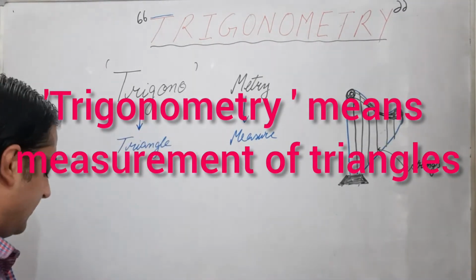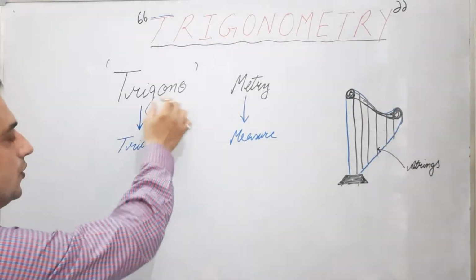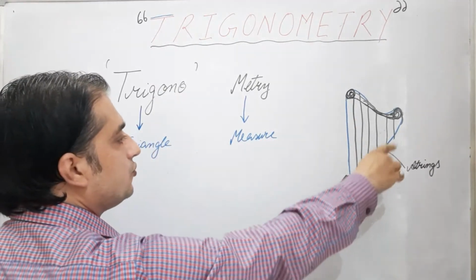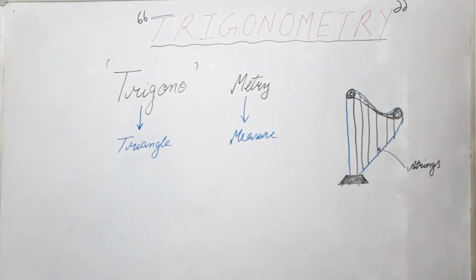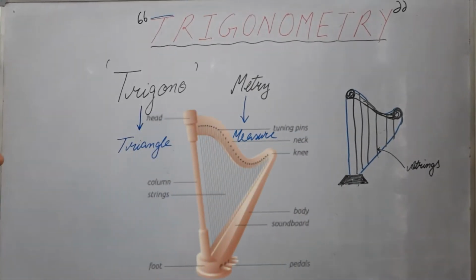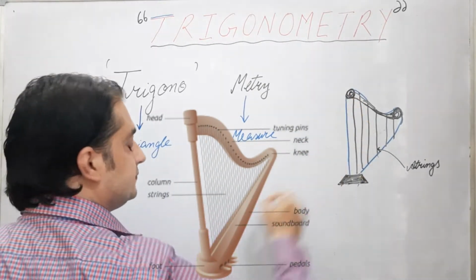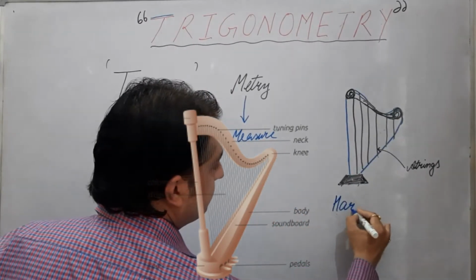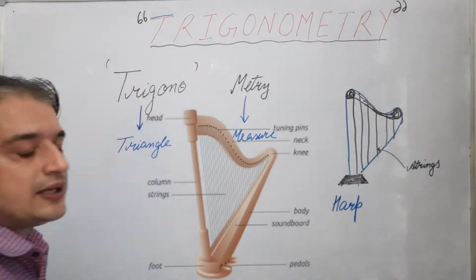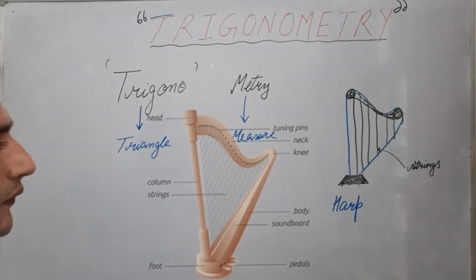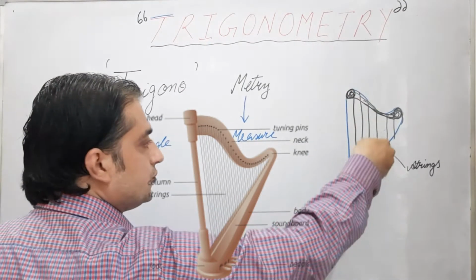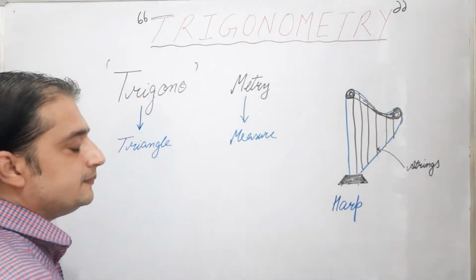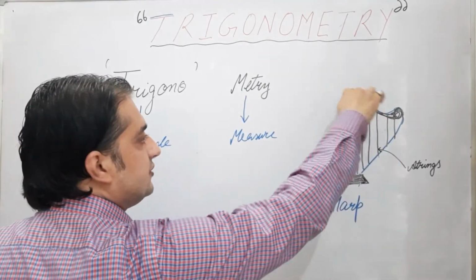So if I tell you a little history of trigono, trigono is basically a small triangular harp used by the ancient Greeks, right? So this is a harp, it is like a musical instrument consisting of rows of strings stretched from the top to the bottom on a triangular frame.